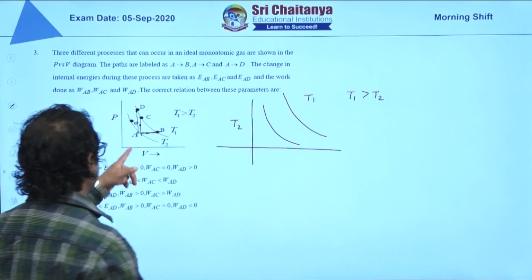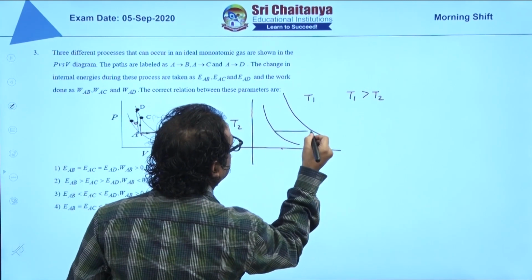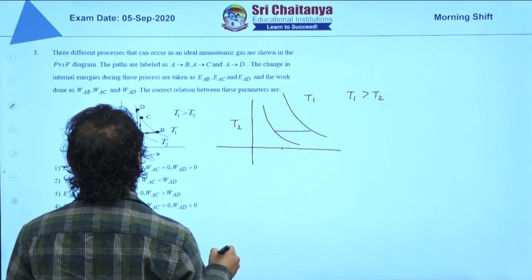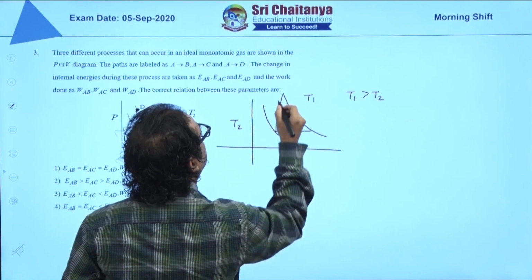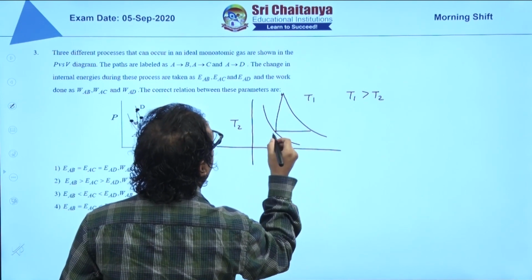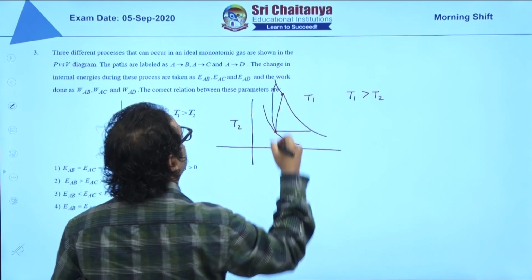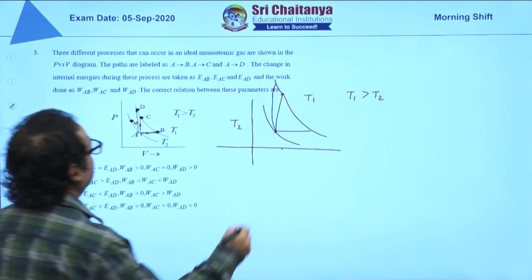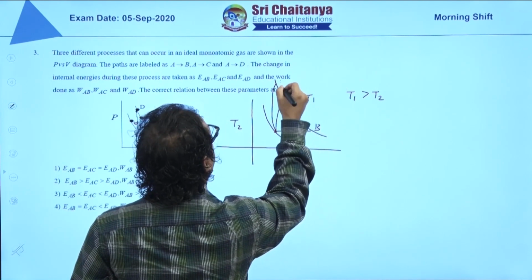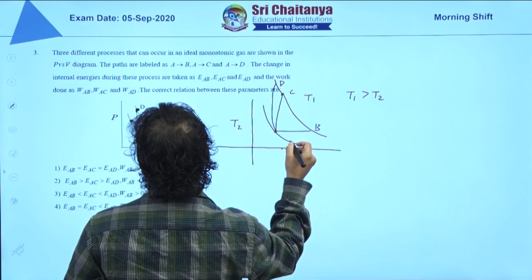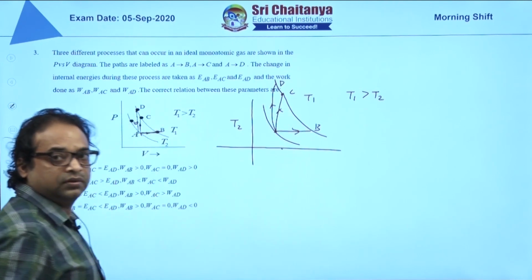So one process is your A to B. The other process is A to C, which is straight, and the other process is somehow bent like this. This one is your B, this one is your C, this one is D. We can put the arrow like this.